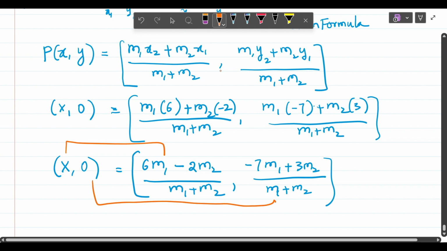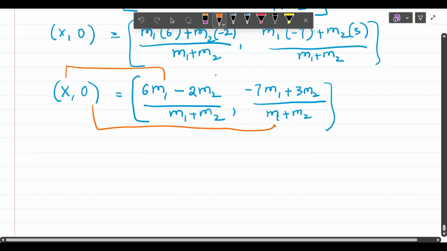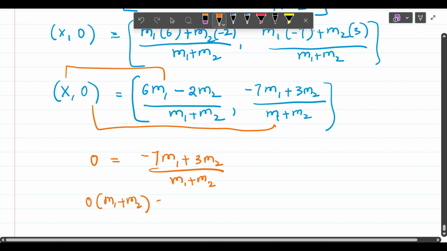So what do we have to do? Let us equate the coordinates of y. 0 is equal to minus 7m1 plus 3m2 by m1 plus m2. Now transpose m1 plus m2: 0 into m1 plus m2 will be equal to minus 7m1 plus 3m2. Just the final answer will be this side, students.